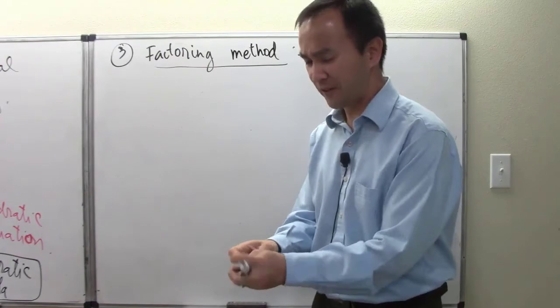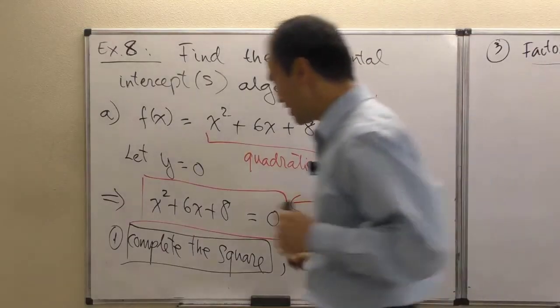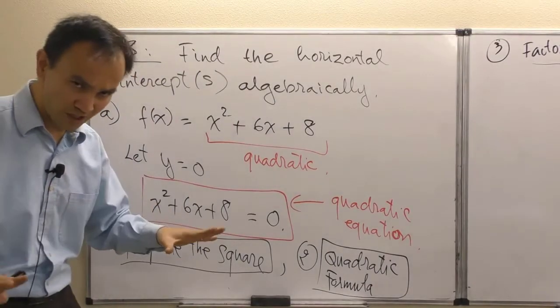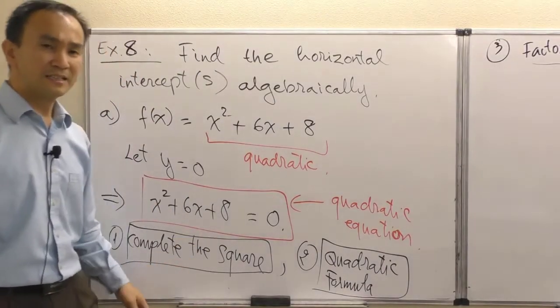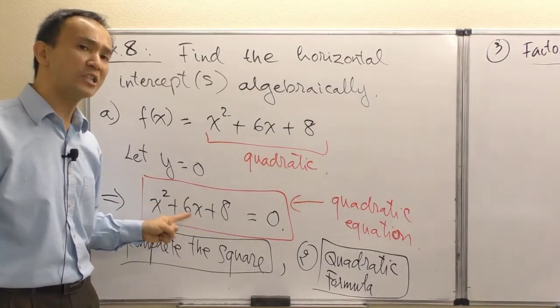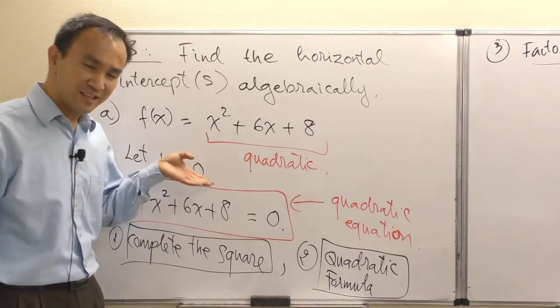Let me clarify before I get too far. In what I said earlier, completing the square works very well, but it's only valid for a quadratic equation. So you only use this when the equation you're solving is a quadratic.